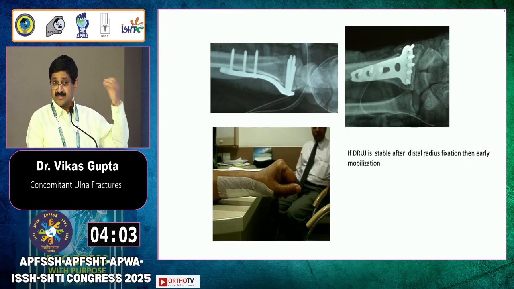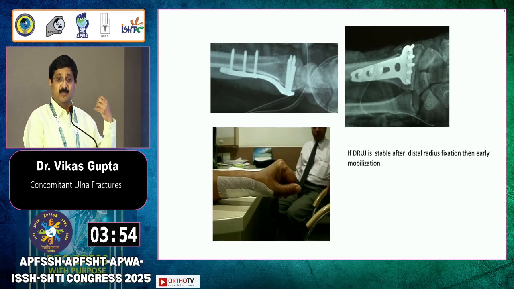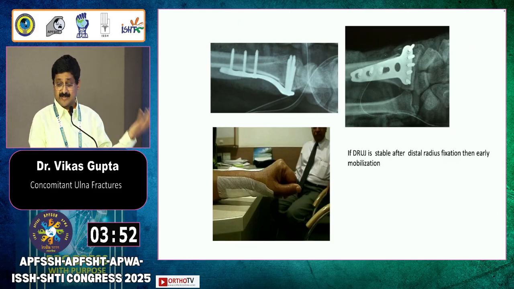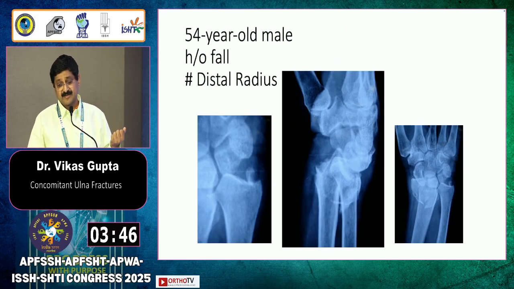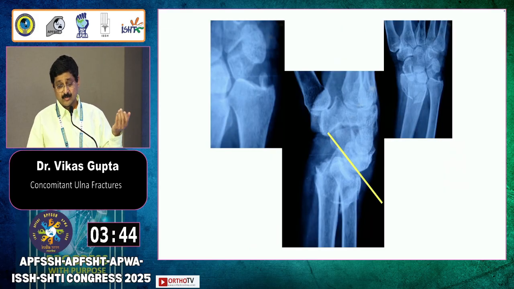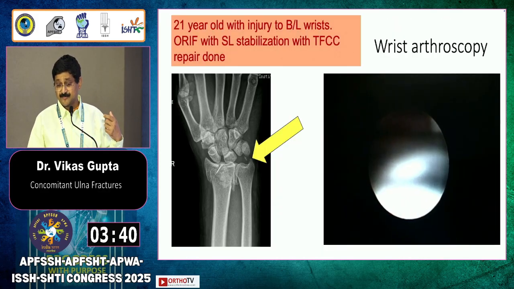The patient had an ulnar styloid fracture and a distal radius fracture, but the DRUJ was stable. We could mobilize this patient very early without any pain. So there was something else other than a fracture. Just an example, styloid fracture fixed with the help of a screw.